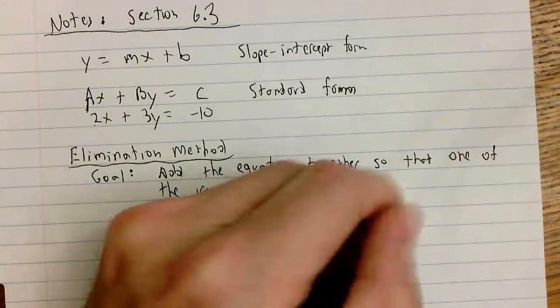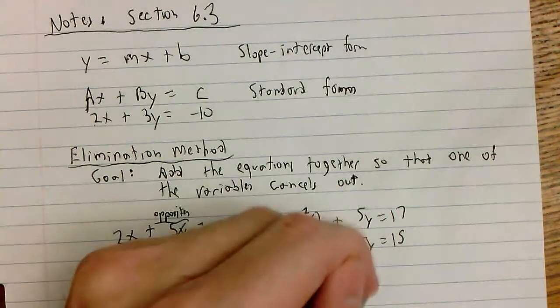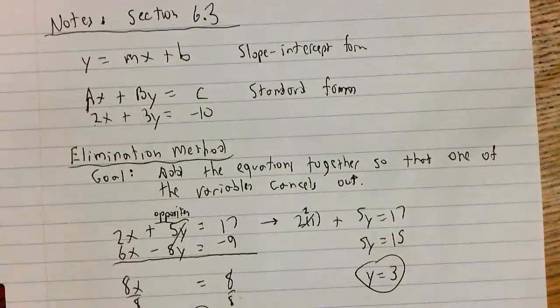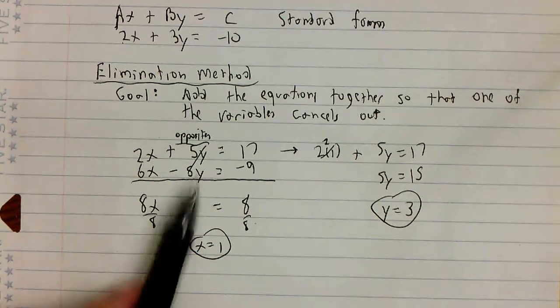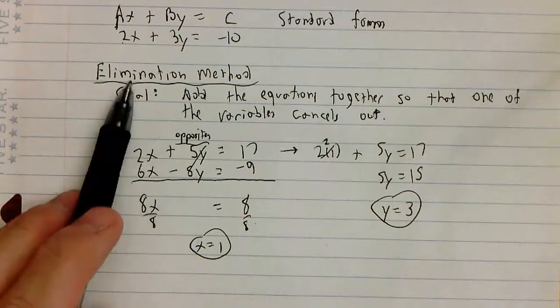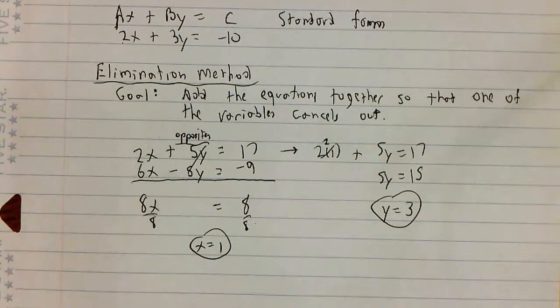If I subtract 2 from both sides and then divide by 5, I get y equals 3, and I have solved the system of equations. By adding them together and eliminating, that's why it's called the elimination method. When you add the equations together, one of the variables gets eliminated.